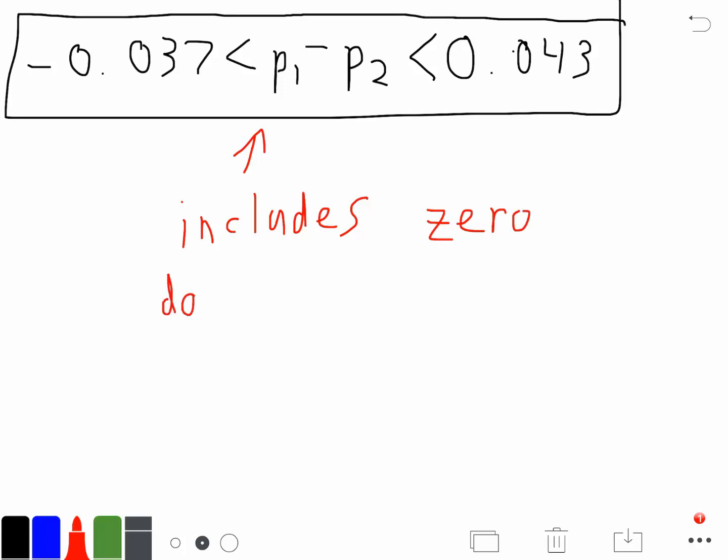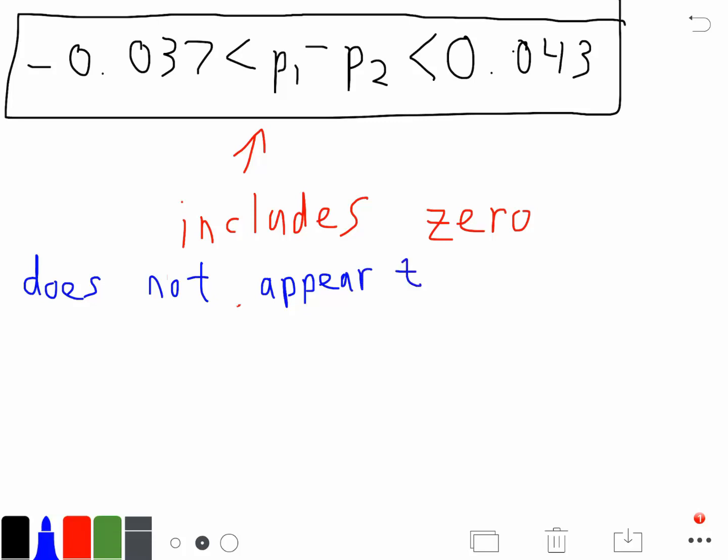Since it does include 0, that means that there does not appear to be significant difference between the two proportions. And on the My Stats Lab, you will have little drop-down bars to choose from, and it might not be the exact wording, but it follows the same concept.